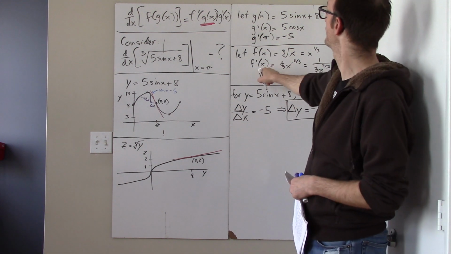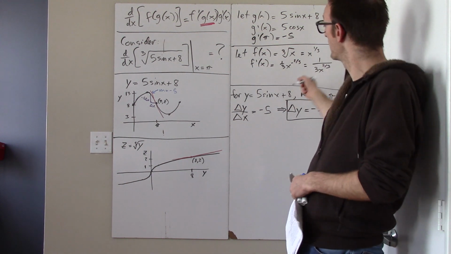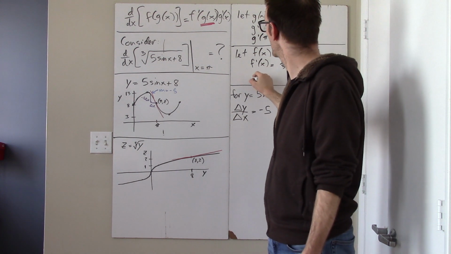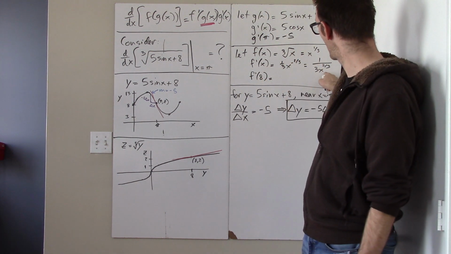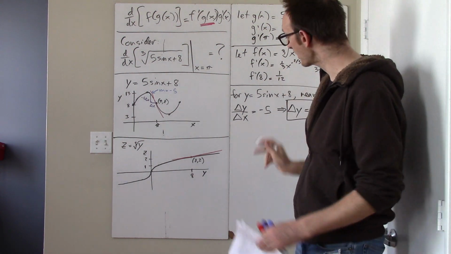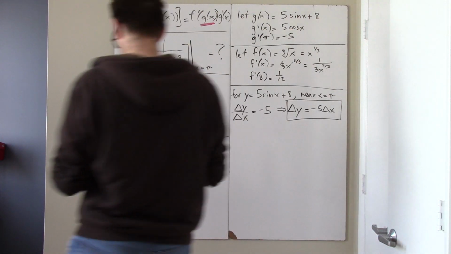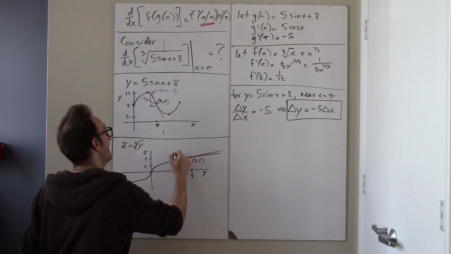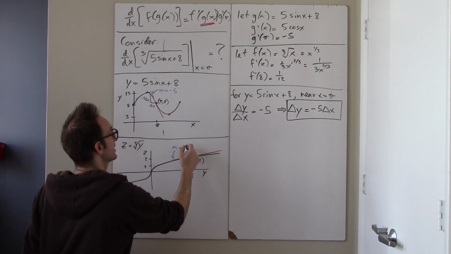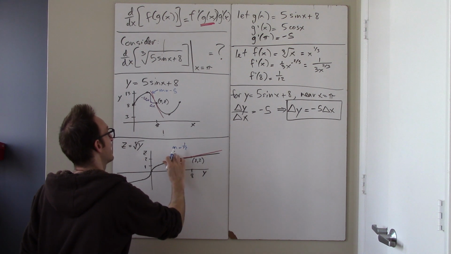We have already computed it using that rule, and we got a formula. I'm interested in f prime of 8, and when I plug in 8 here, I get 1/12. That is the only real way to determine that, in fact, the slope of this line is 1/12, which looks about right.